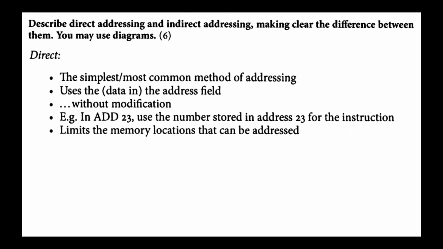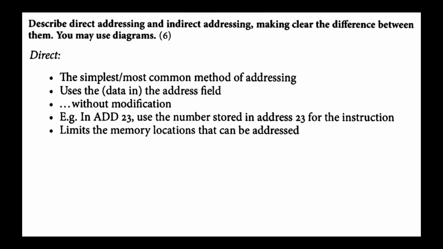So direct, the simplest, most common method of addressing, uses the data in the address field without modification. For example, add 12, use the number stored in address 12 for the instruction. It limits the memory locations that can be addressed.